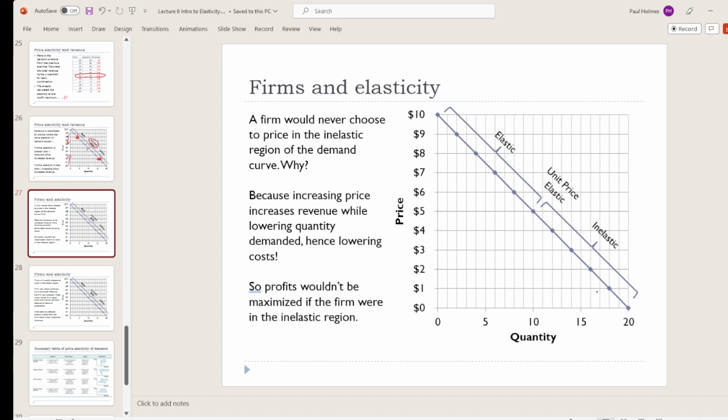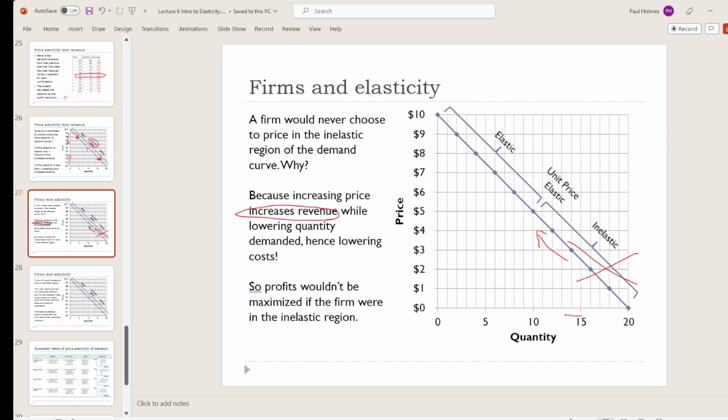Now, firms would typically not choose to price down here in the inelastic region. Let's think about why that is. If we raised our price, then two good things would happen. One, we'd make more revenue, right? Because moving toward this unit price elastic point increases our revenue.